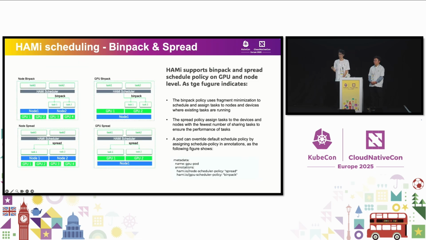And we have another binpack and spread scheduler policy. It is for each task; each task can specify its own scheduler policy. Binpack means it wishes to allocate to a GPU that already has a task running on it, to minimize fragmentation caused by GPU sharing. And spread is the contrary: it wishes to allocate to a GPU where no pod is running, to maximize performance.